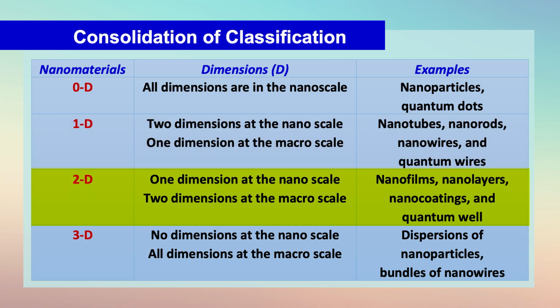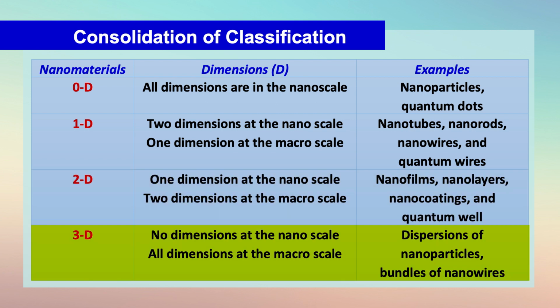For a 2D material, one dimension is at the nanoscale and two dimensions at the bulk scale or macro scale. Examples are nanofilms, nano layers, nano coatings, quantum well, etc. And the last category, the bulk nanomaterial. For a bulk nanomaterial or a three-dimensional nanomaterial, no dimensions are at the nanoscale, all dimensions are at the macro scale.